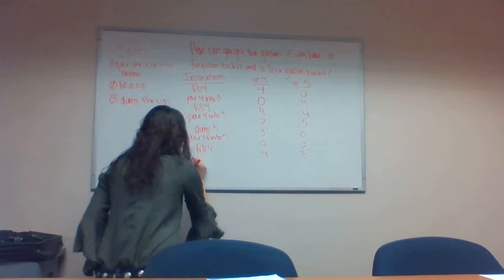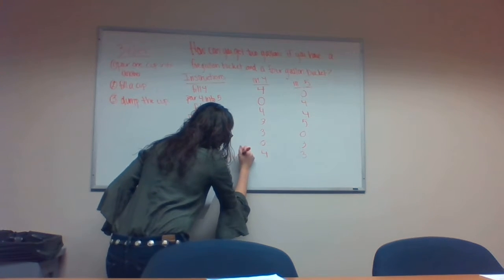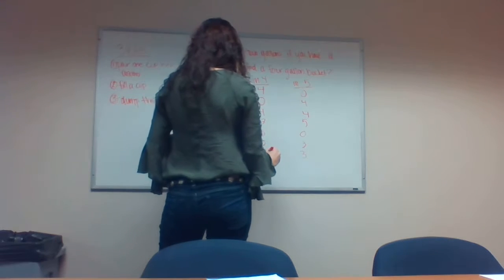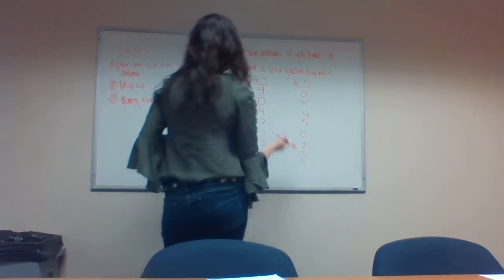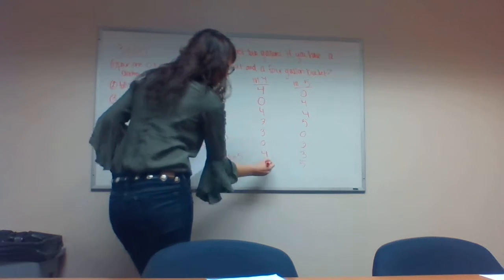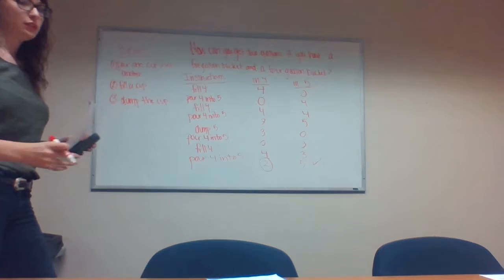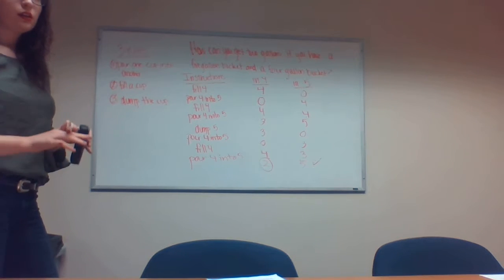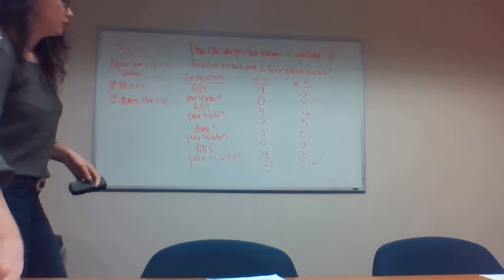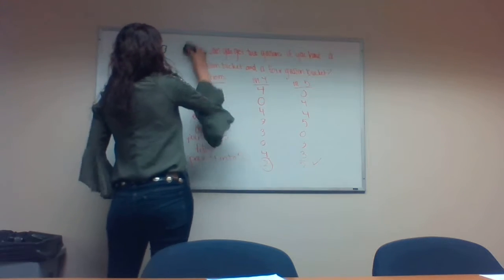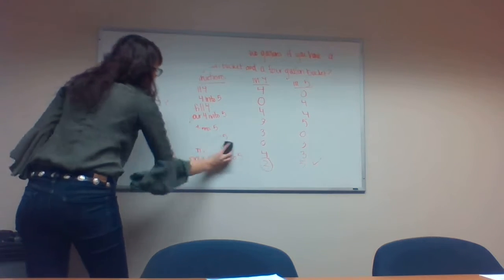And then we're going to pour 4 into 5, which would give us 2 and 5, which is where we need to be because we want 2 gallons. So here's our 2 gallons. So this problem is done. Do you guys have any questions about that? All right. I'm going to erase that.